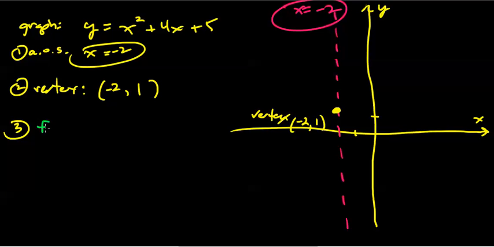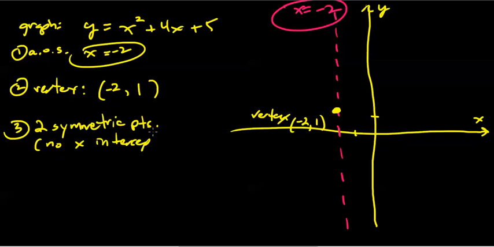And let me note here, find two symmetric points. There's a little bit of a trick here. Two symmetric points. And again, there's no x-intercepts. So finding them is not going to work. Right? There just aren't any. So what I'm going to do is find the y-intercept because every parabola has a y-intercept.